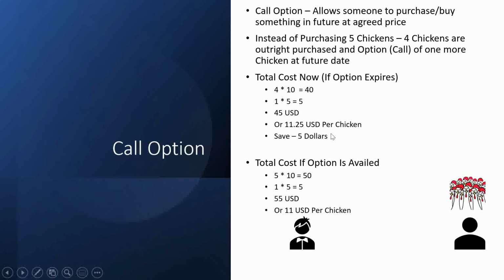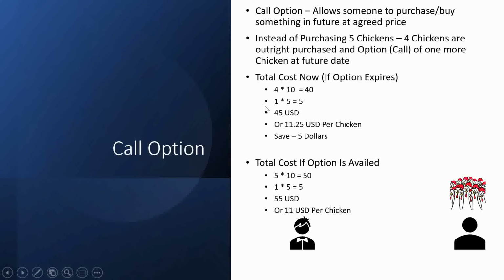So if my brother doesn't call me or he doesn't show up at the dinner, then I save $5, which in the original scenario, if I had purchased all 5 chickens in advance, I would have paid $50. So this is how options can help you hedge in these scenarios.